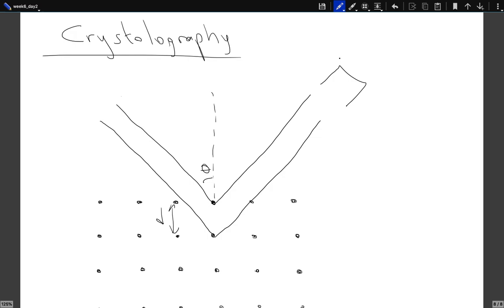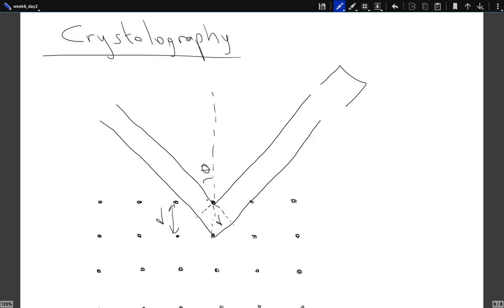The other one travels further and is scattered. And their difference, well, you see, if you just draw these lines, the difference of the length of their path is just the sum of these two sides. Well, they are equal, since the ray is coming at an angle theta and is being reflected at the same angle.